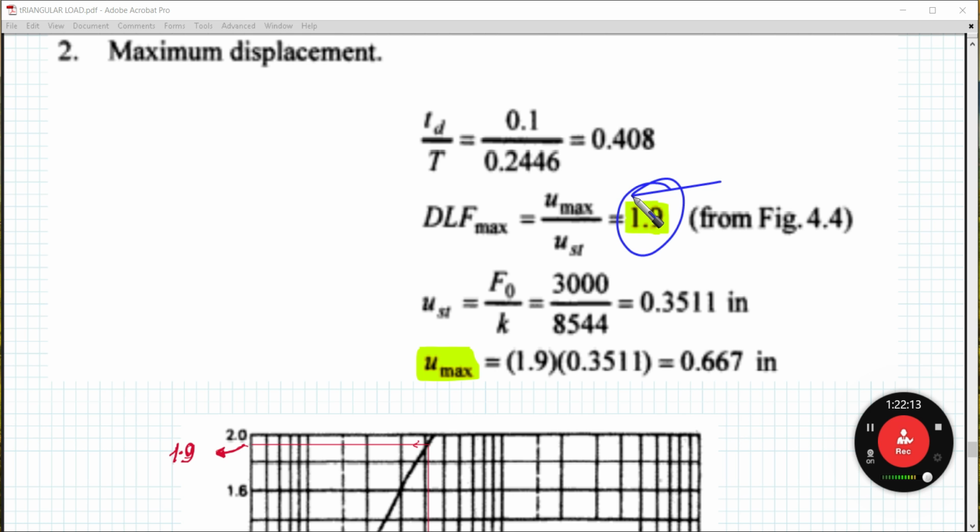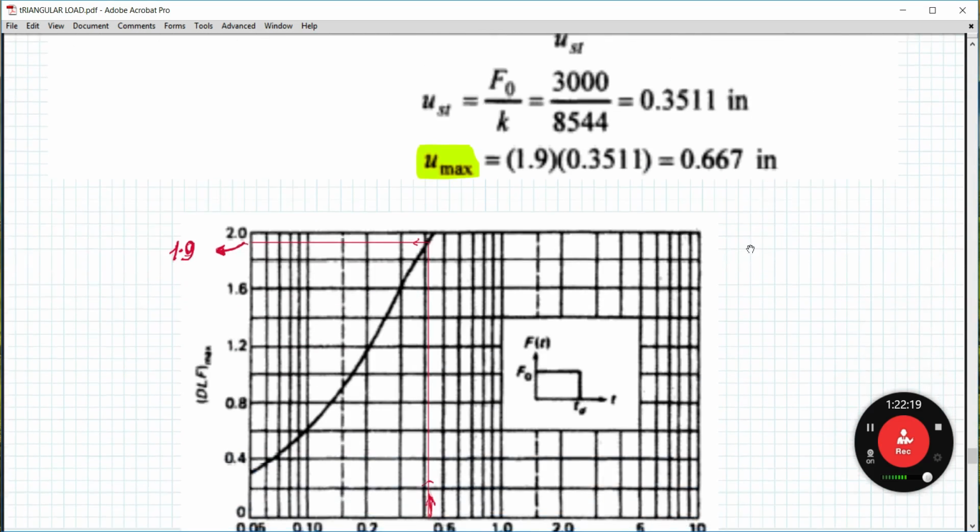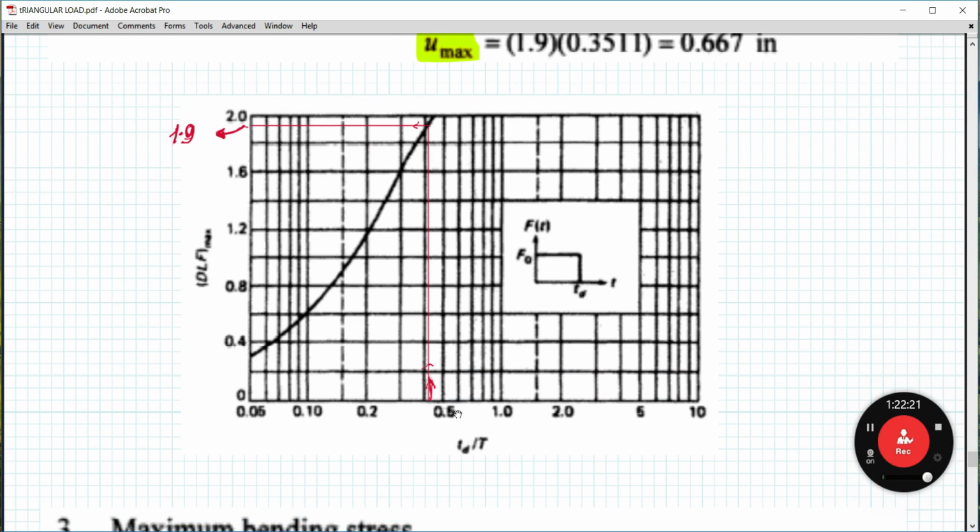If I were a designer, for example, I'm going to think twice about this, and I'm going to say, well, if it's going to be double, I need to reduce td over T. I need to go here, for example, look to 1. This means that I need to change the natural period of the system, to give a value of, let's assume, 0.17, for example. So that's the case here.